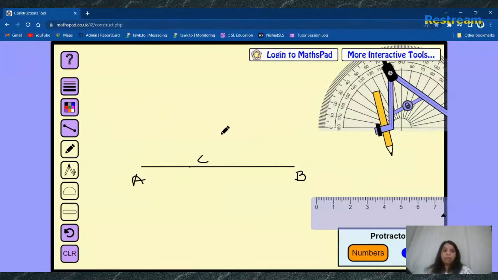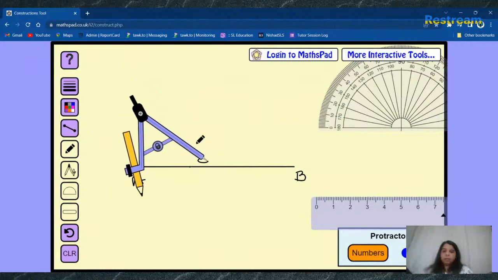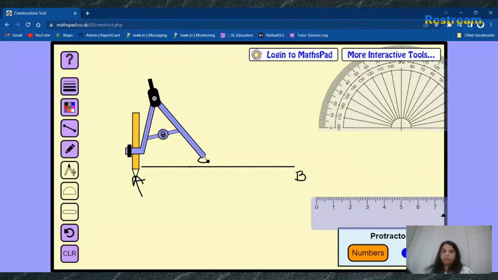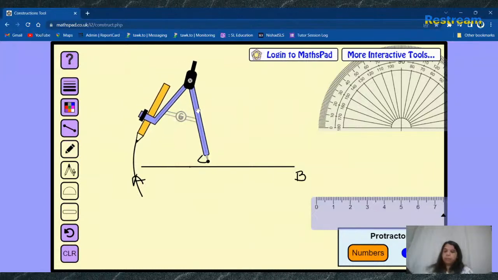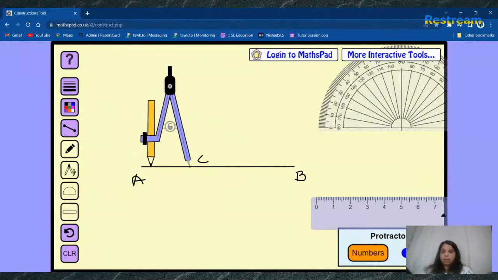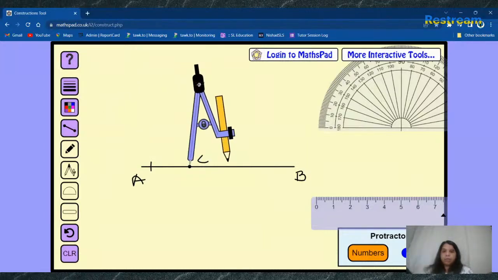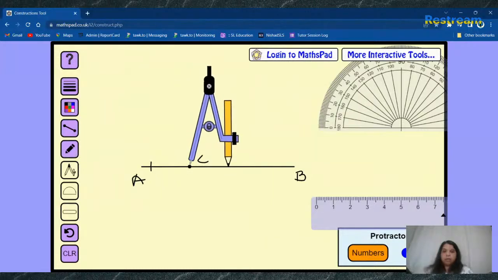So again, we will get our trusted compass. I'm going to take this tip and put it over here. I'm going to lessen the distance and lock it. Now one small arc here, and one small arc here.